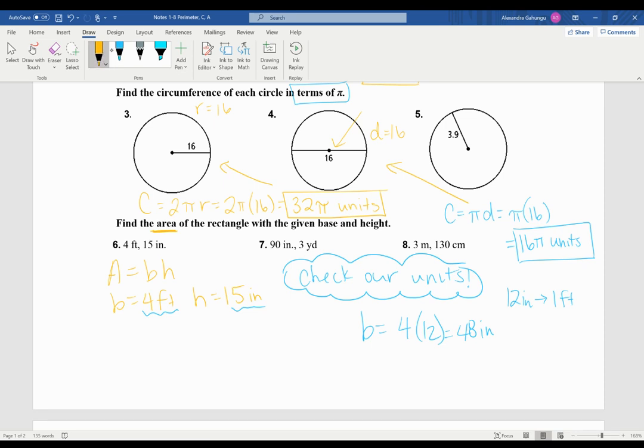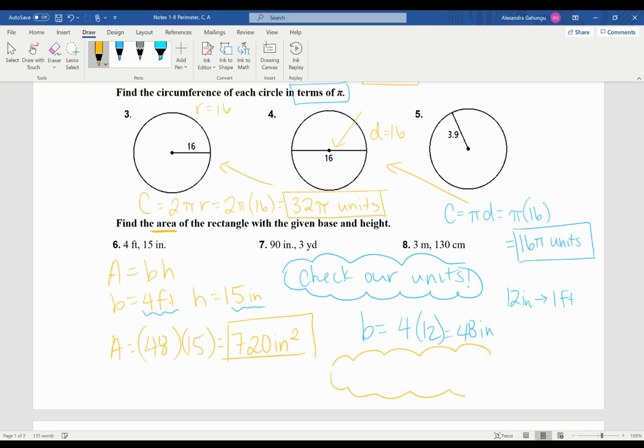So now I can find the area with the same units. So it's 48 inches, our base, times 15 inches for our height. I'm going to get a value here. And we'll get 720 inches squared.